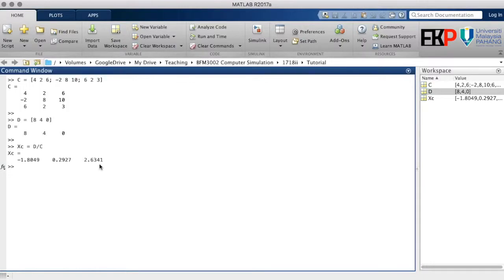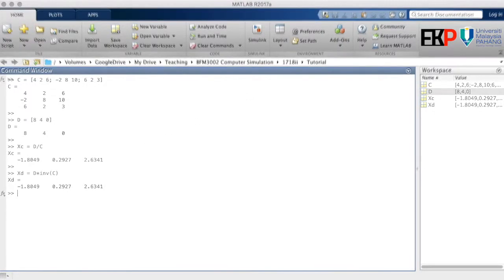So we will get the same answer, but now as a row vector. We can also use the inverse multiplication. So D is multiplied with the inverse of C. We will also get the same answer.